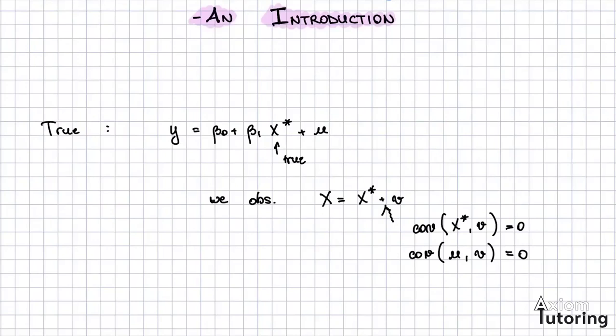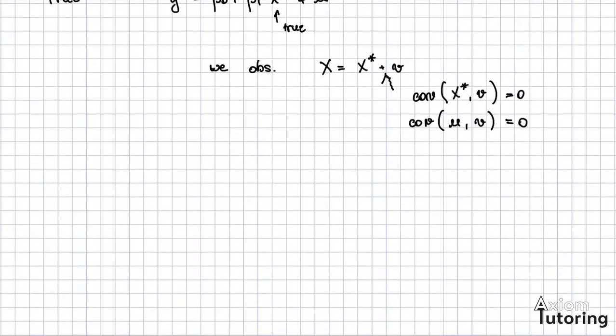Let's look at a concrete example to put a little perspective on this kind of measurement error. Let's say that we want to estimate the effect of education on income. So again, we've got income as a function of education. Education is the one that has a problem, so it's collected from a survey and people report their own years of schooling.